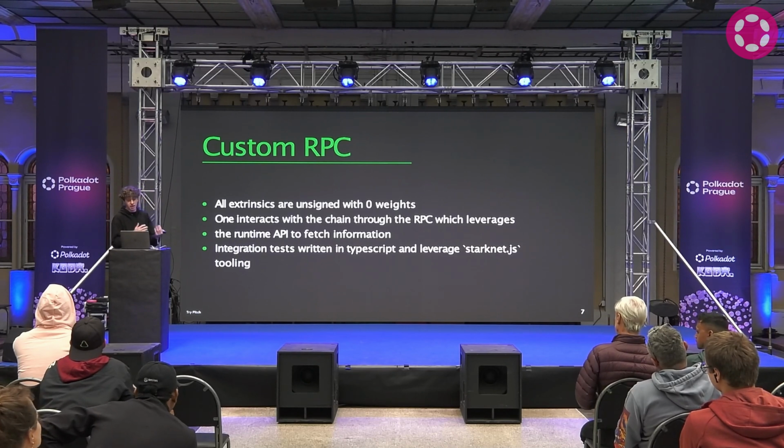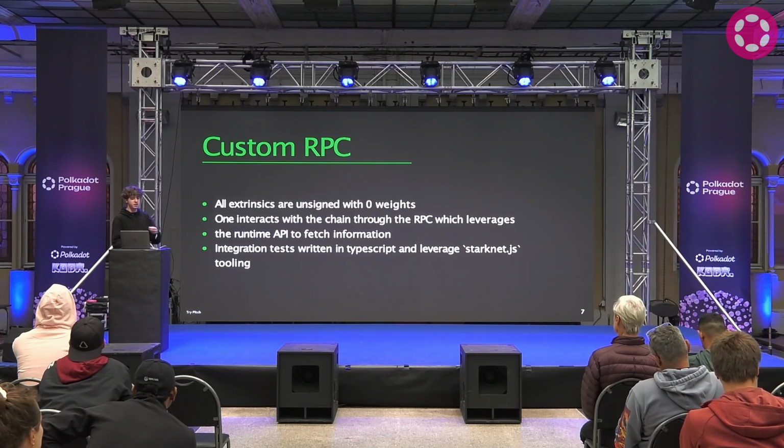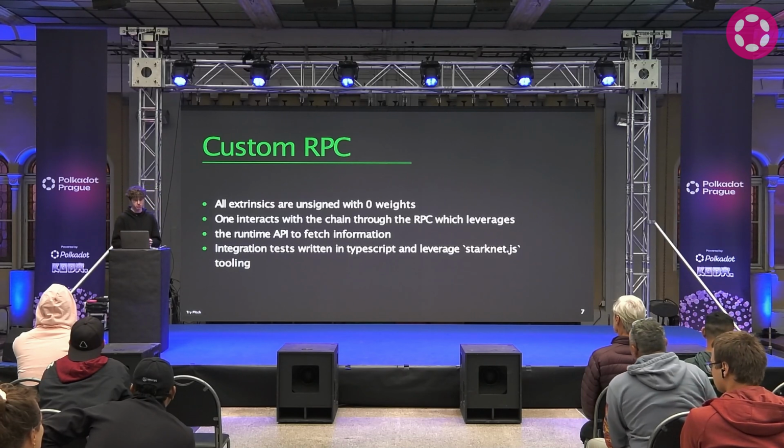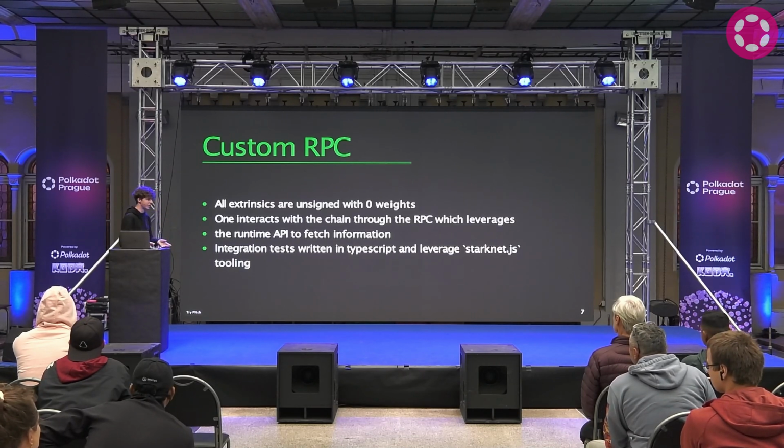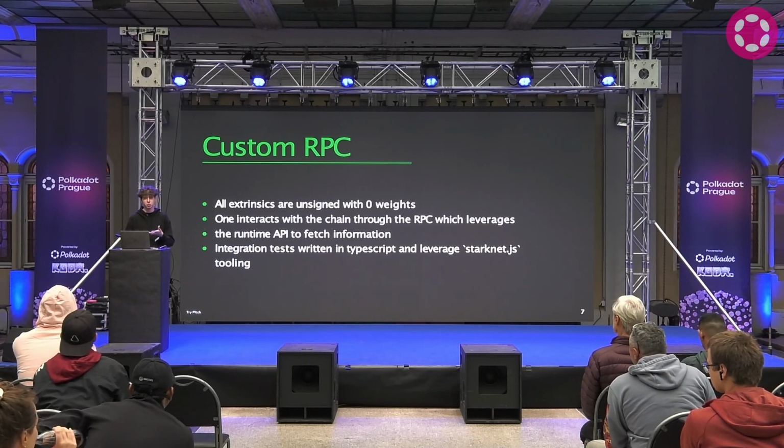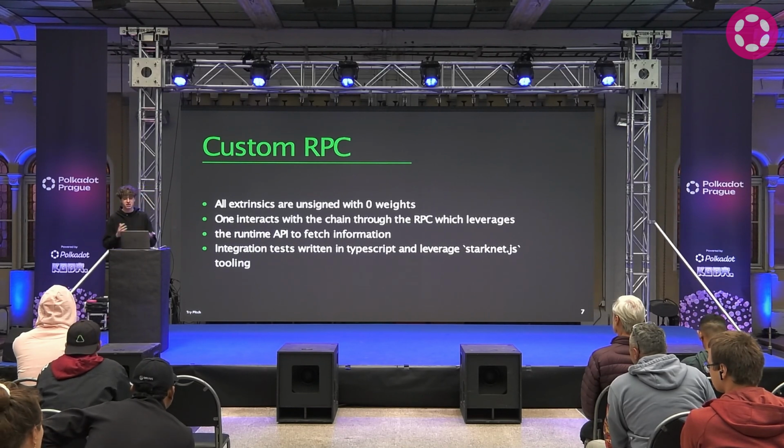We can use Polkadot.js to interact with our chain, but it might not be the best way since we have a lot of tooling dedicated to this built in the StarkNet ecosystem. As I said, all extrinsics are unsigned with 0 weights. We haven't found a better solution yet, but we don't really care that much about signed extrinsics and weights, unfortunately.